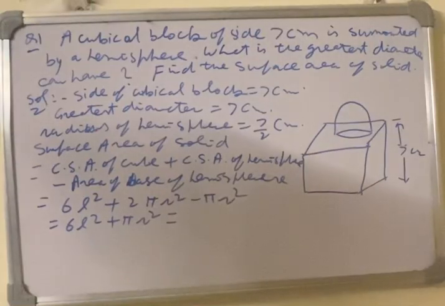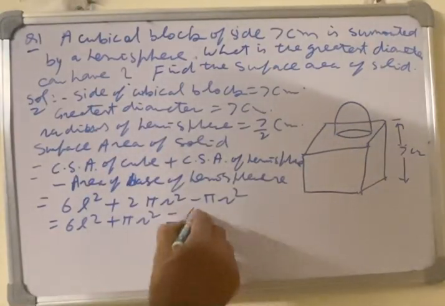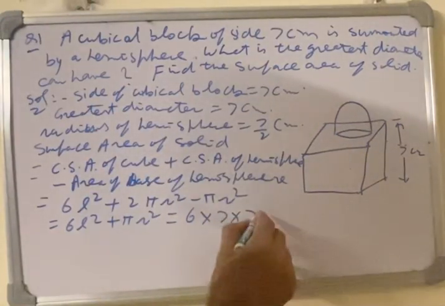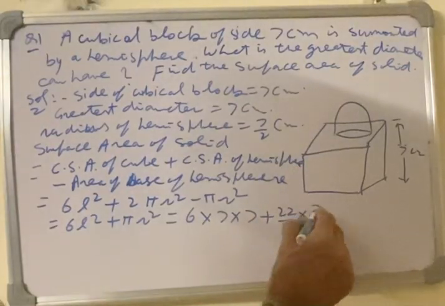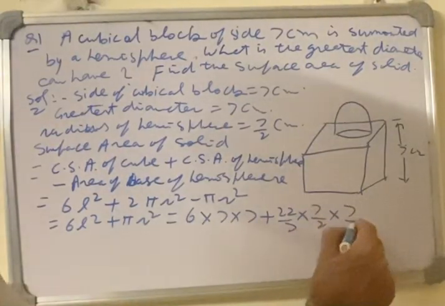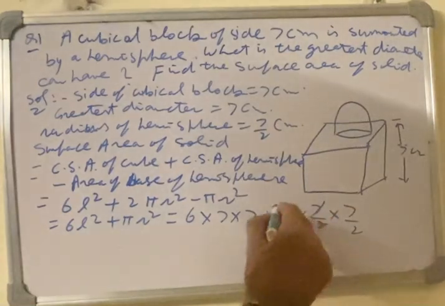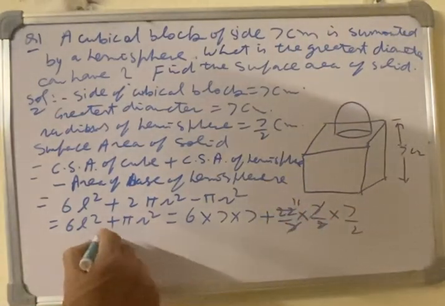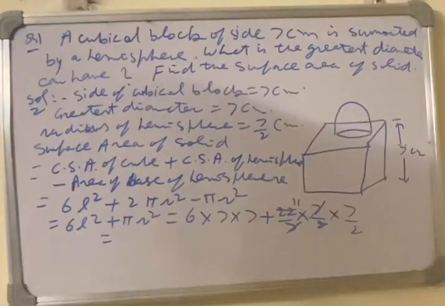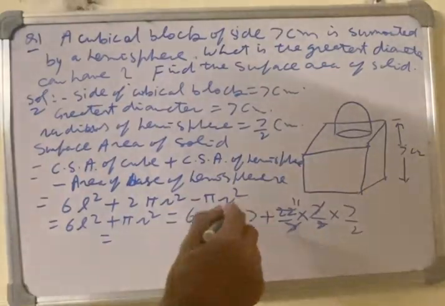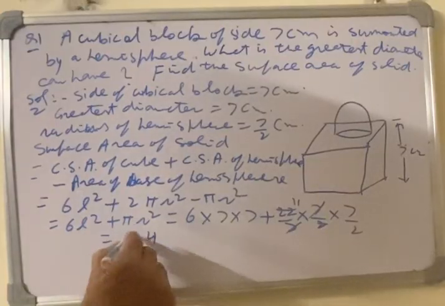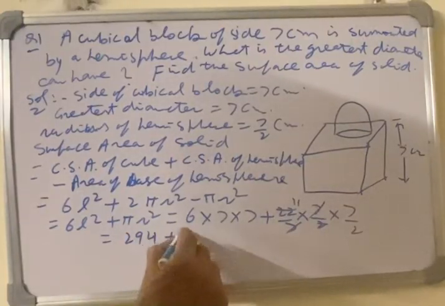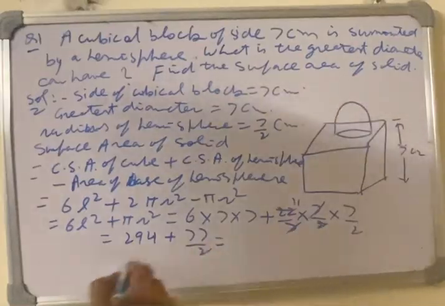This is equal to 6 into 7 into 7 plus 22 by 7 into 7 by 2 into 7 by 2. This cancelled, 11. We multiply this. 6 sevens are 42, into 7, 294 plus 77 by 2.